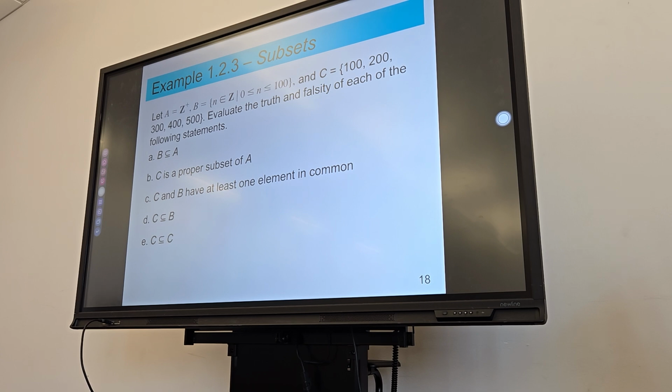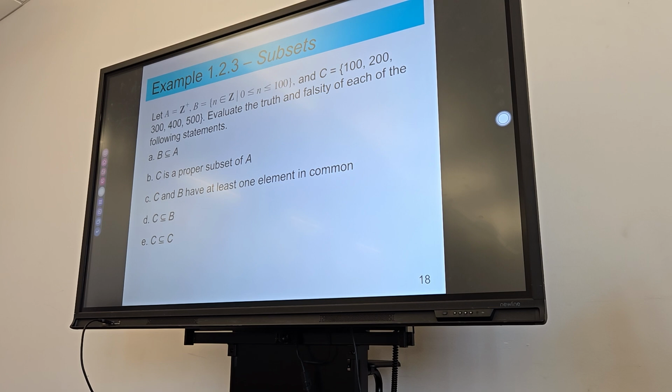The question looks like that. B is all elements from 0 to 100 inclusive, so it includes 0 and 100. And A is just positive integers. So is B a subset of A?